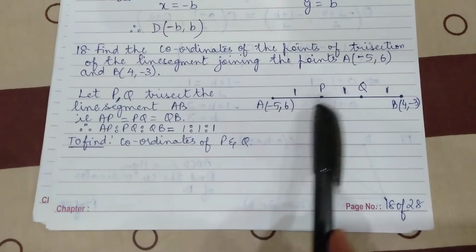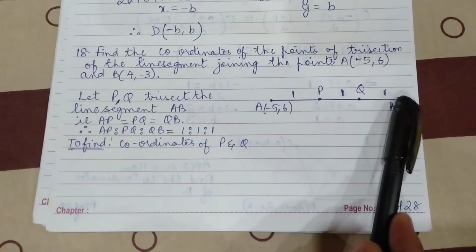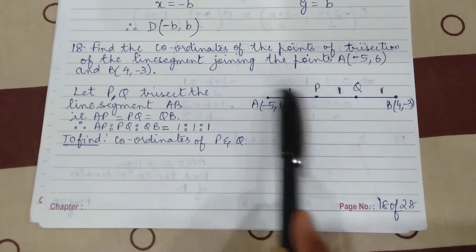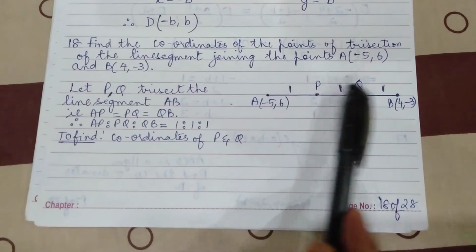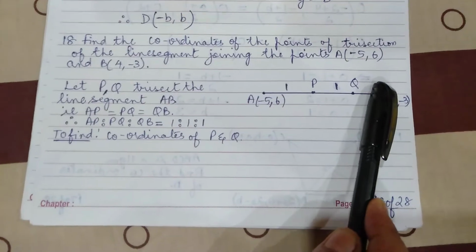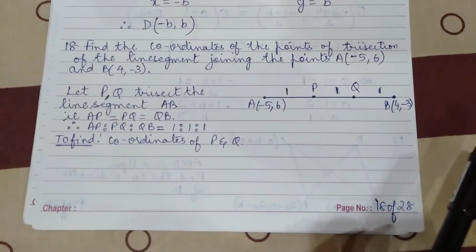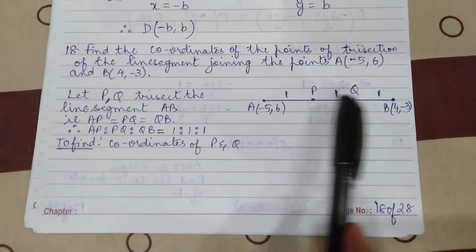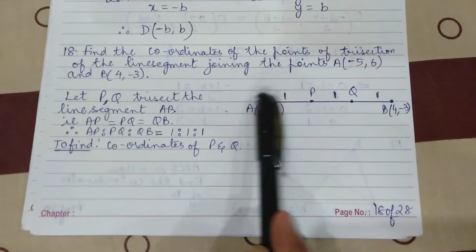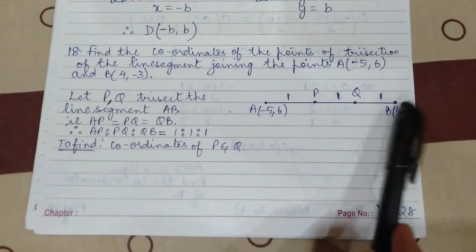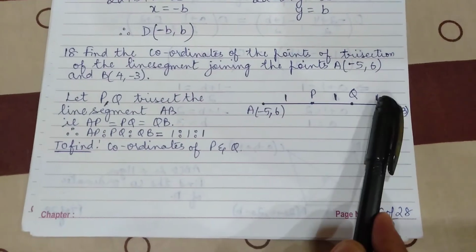Since AP equals PQ equals QB, the ratio AP to PQ to QB will be 1:1:1.